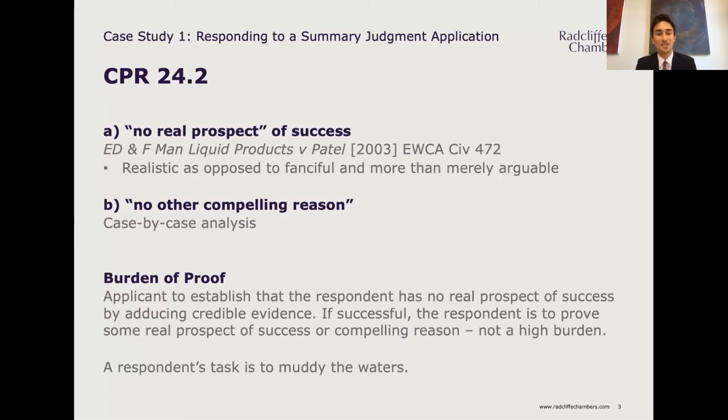As I've summarised on the slide there, the ED&F case is long-standing authority that no real prospect is to be defined as something which is realistic as opposed to fanciful. And something with a real prospect of success is something which is more than merely arguable.